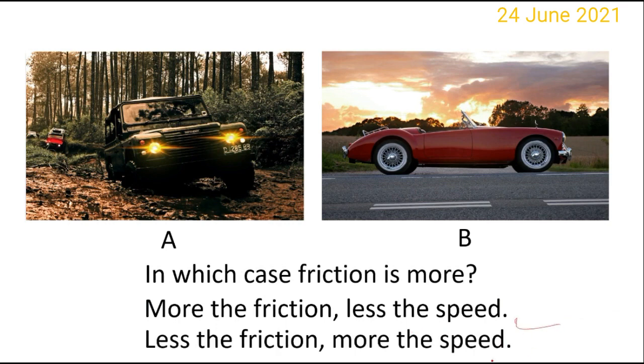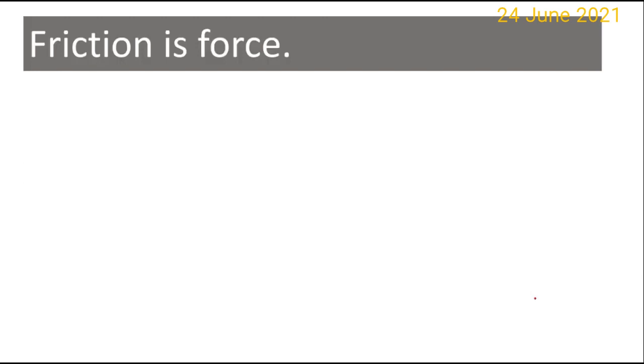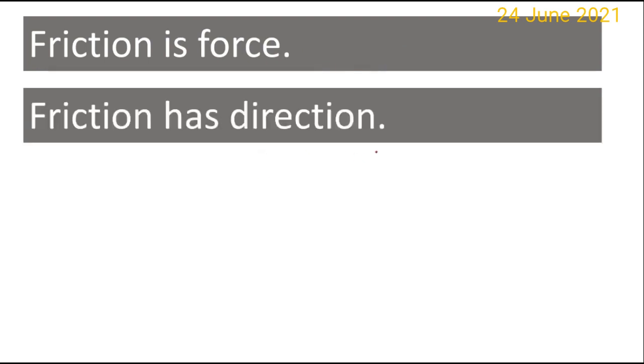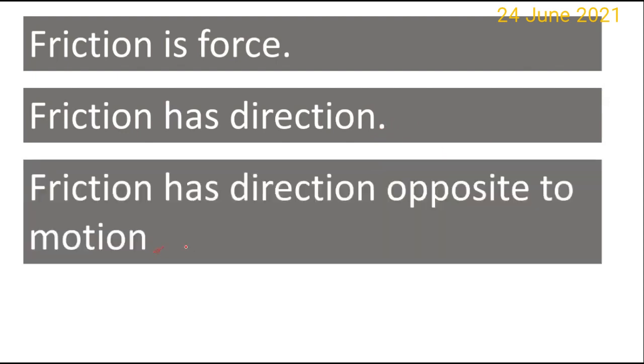Here we'll take a break and look back and recall what we have learned. We have learned that friction is a force. And since friction is a force, friction has direction. Friction acts opposite to the direction of the motion. If the car goes front, friction is pulling it back. And then what we have learned is more the friction, less the speed. If the friction is more, speed will be less.